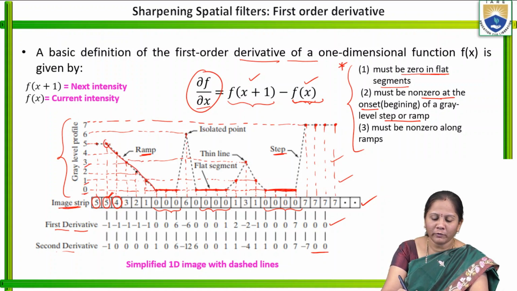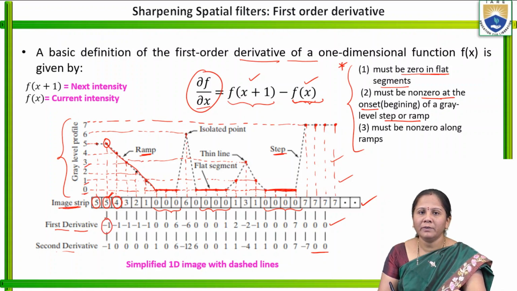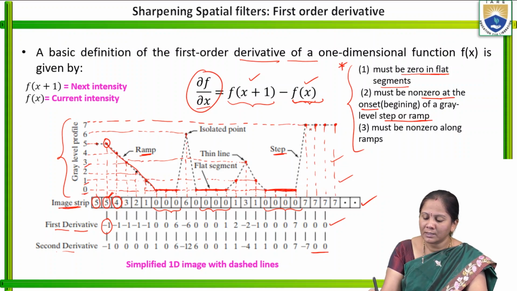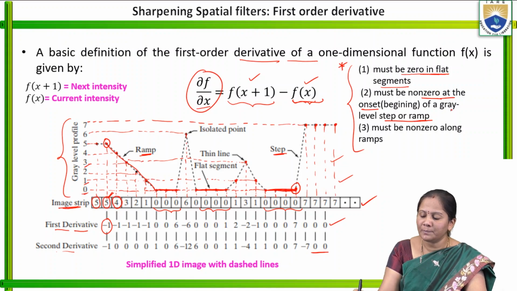The onset point for this ramp signal, that is the starting point of this ramp signal, is here. If we observe here, the first order derivative value is non-zero. And for the step also, if we consider this is the step signal, the step signal starting point is here. So this is the onset point for this step signal.